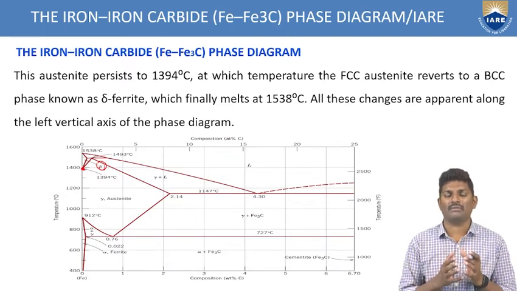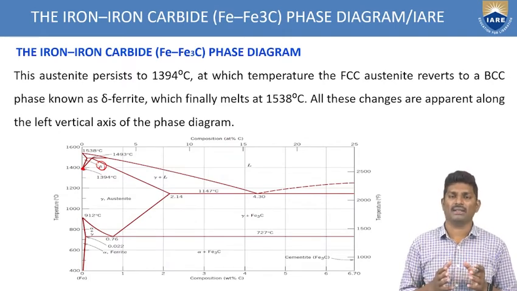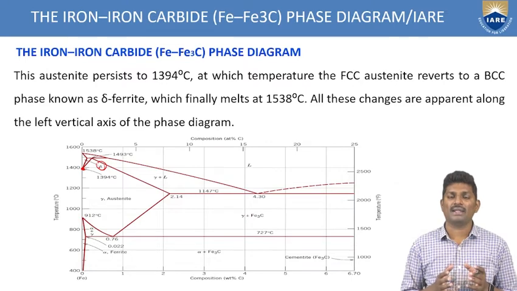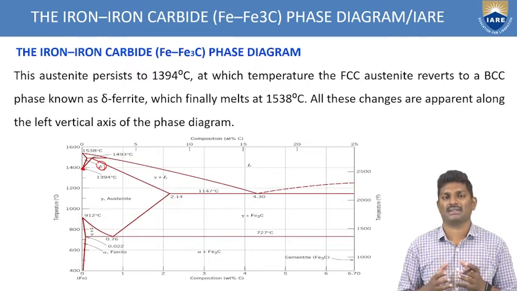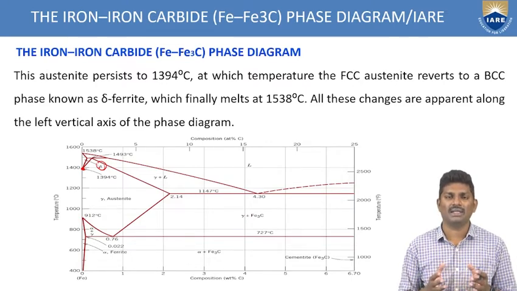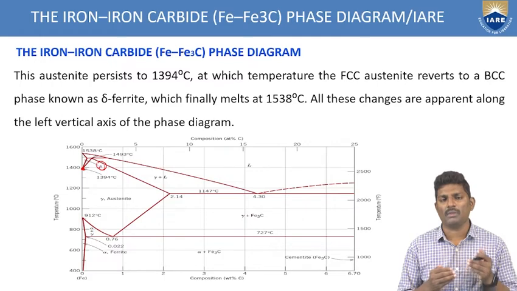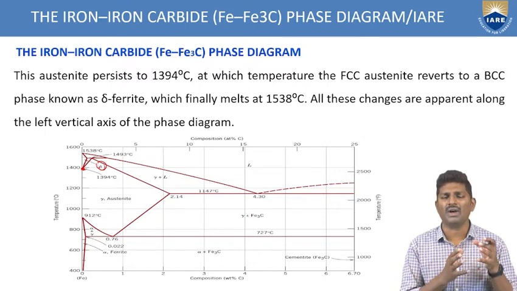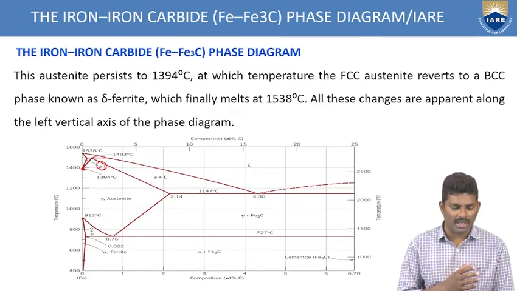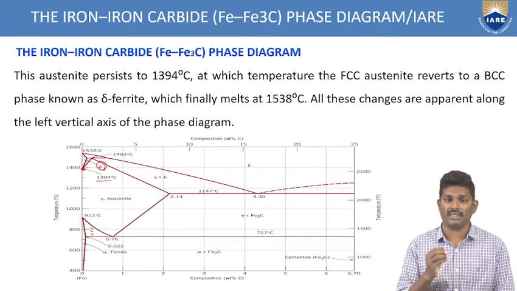So, we have pure iron. Once you heat this pure iron, what is happening? This pure iron is changing its crystal structure. At room temperature, initially, it is having ferrite with BCC crystal structure. Slowly, upon heating, after reaching the 912 degrees centigrade mark, it is converting into austenite, and this austenite will remain the same up to 1394 degrees centigrade with FCC.